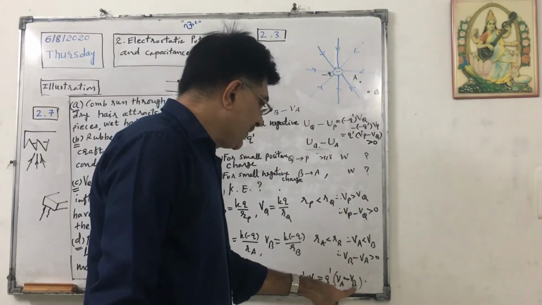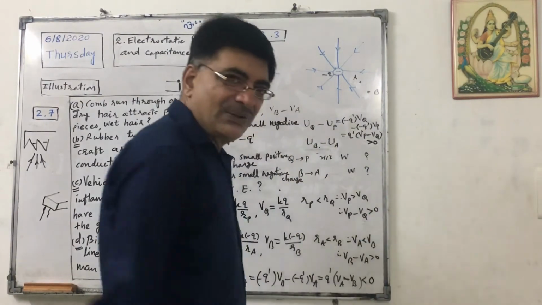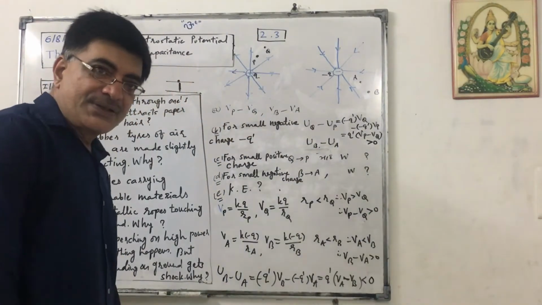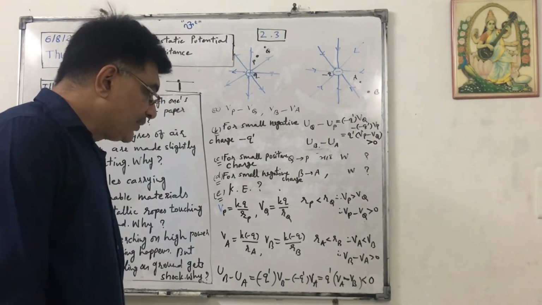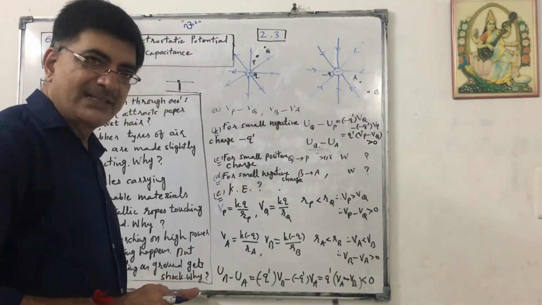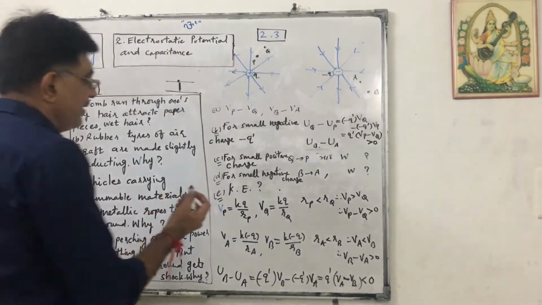Okay, here it is Va minus Vb, so final sign will be negative. Okay, answers in some books are incorrect, so please think concept wise. Okay, it is negative.